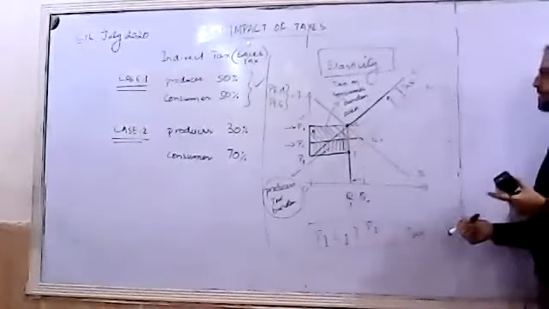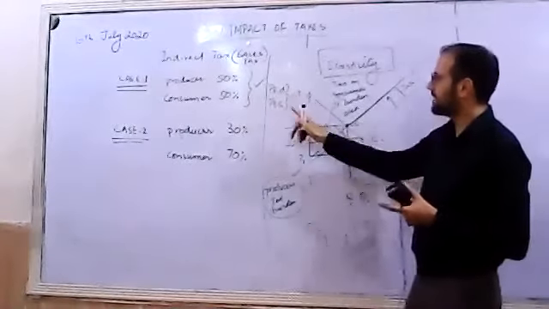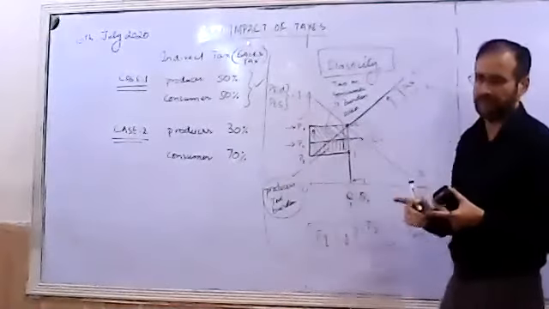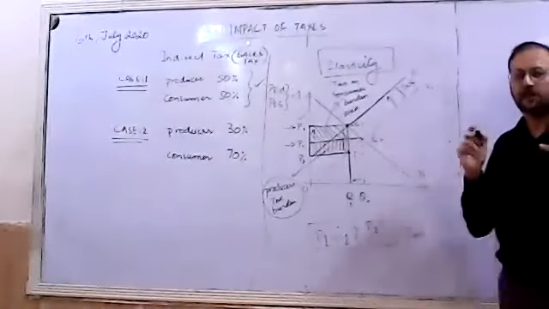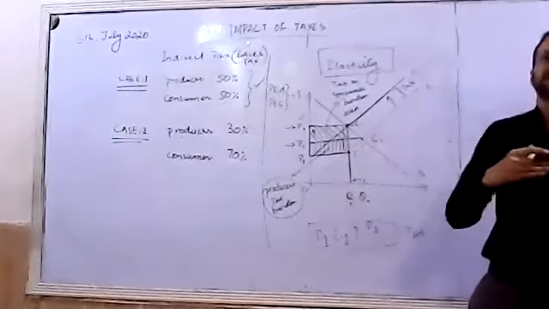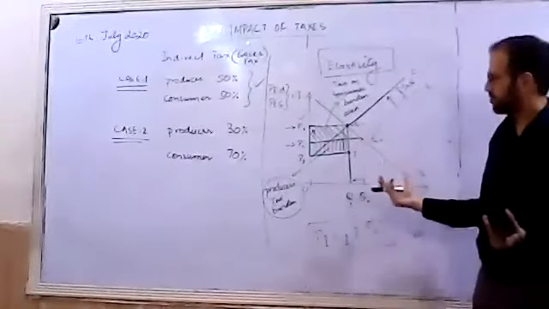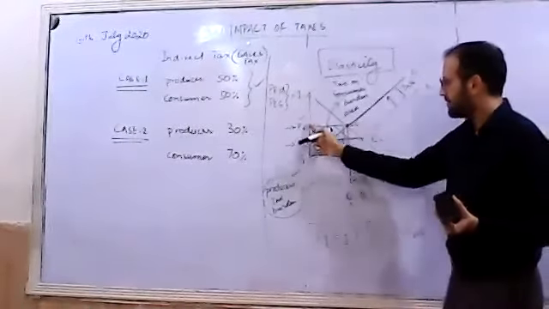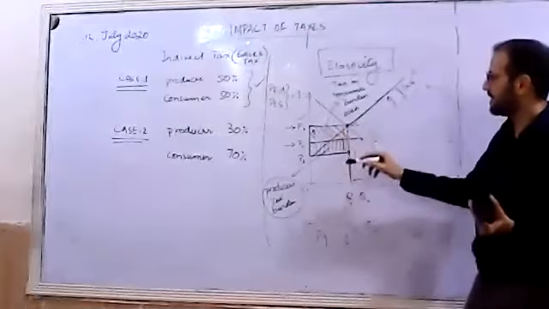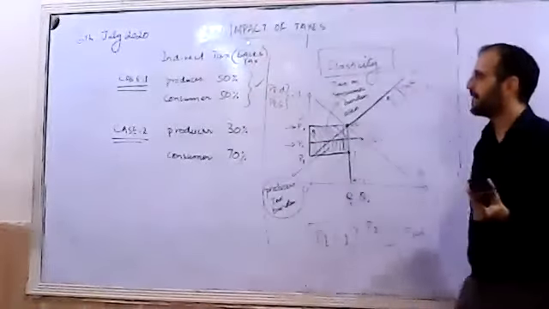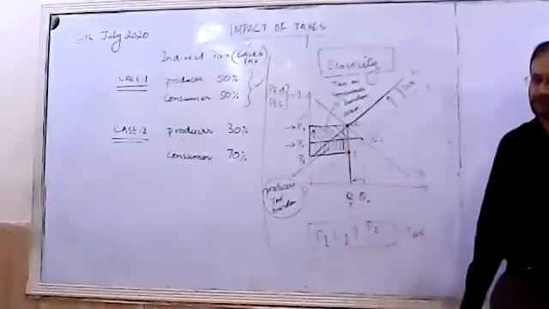It's equal because, like we discussed in the beginning, when the price elasticity of demand and the price elasticity of supply are equal to 1, it's equal to unity, then the affected tax area is going to be divided between the consumers and producers equally. So it's showing that out of this tax area, P1, E1, T, and P2, 50% is paid by the consumers, and 50% is paid by the producers.